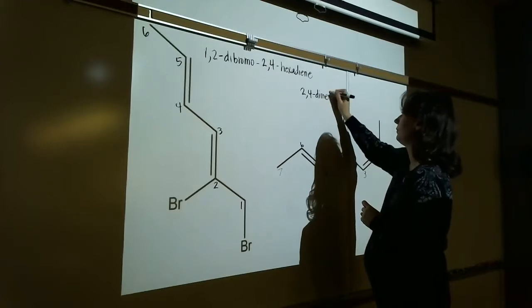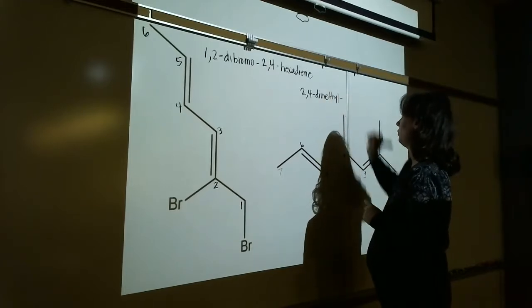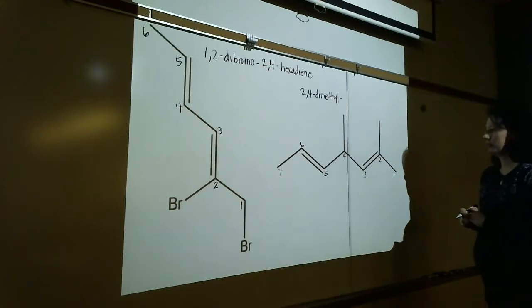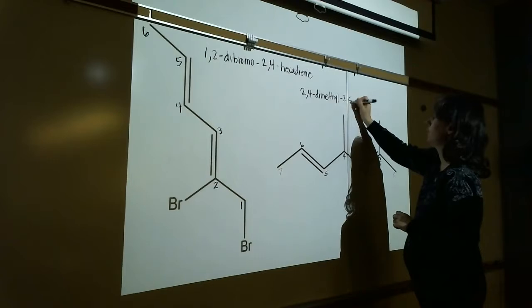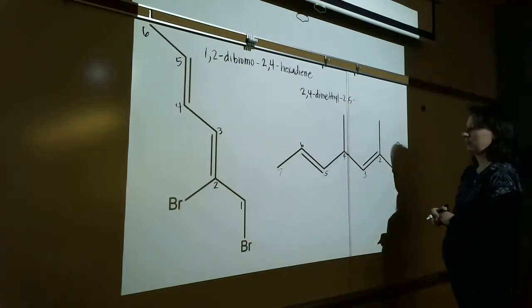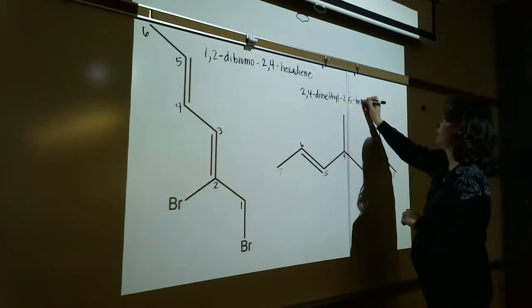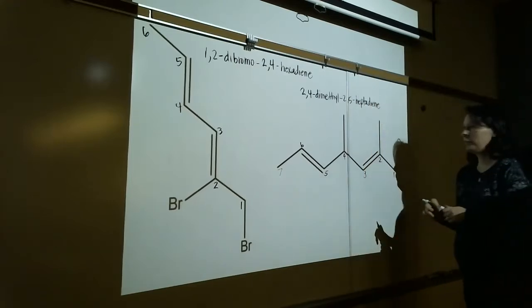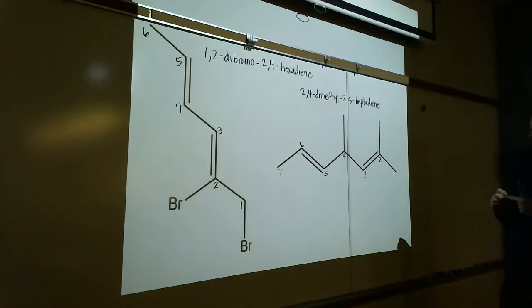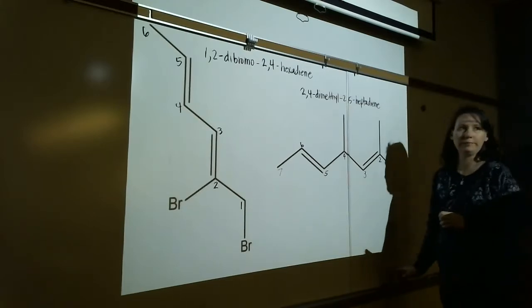Methyl. Then what? 2, 5, heptadiene. Right. 2, 4 dimethyl, 2, 5 heptadiene. Good.